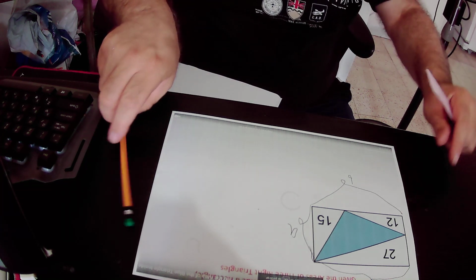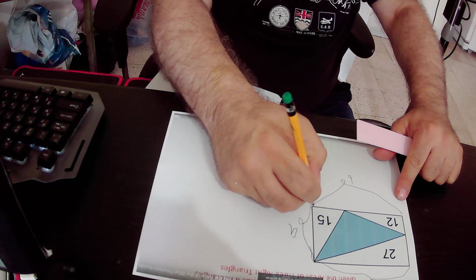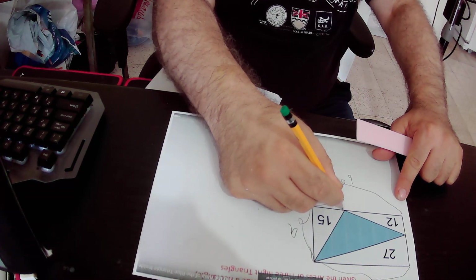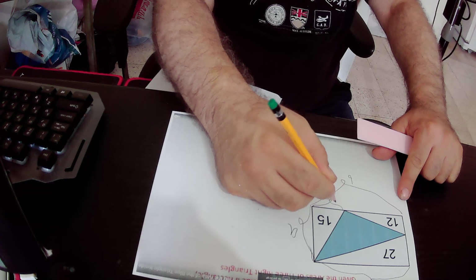So let's define the base of the triangle that its area is 15 units.